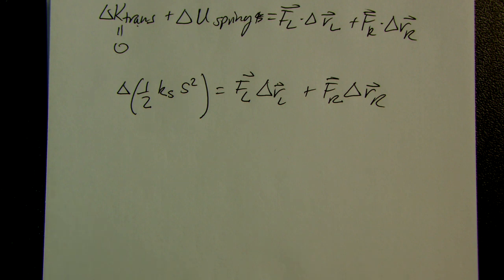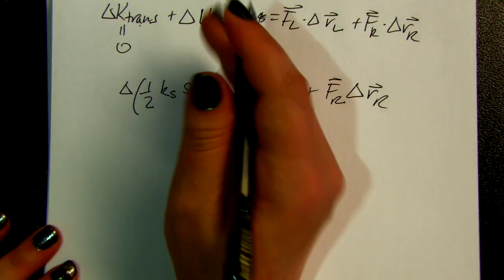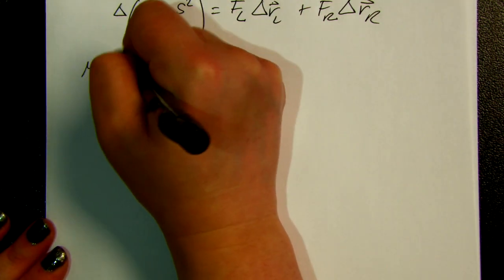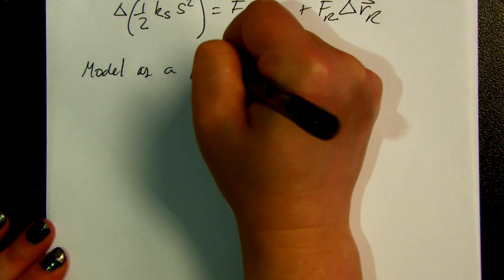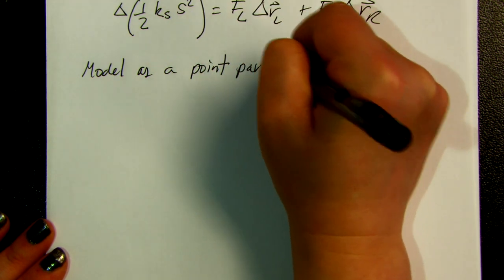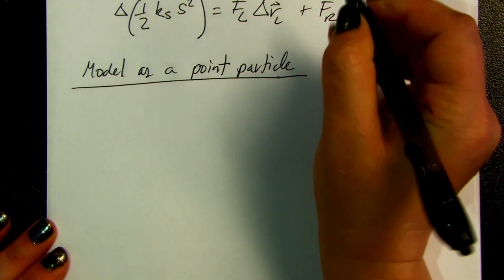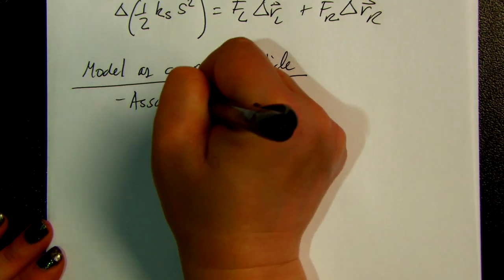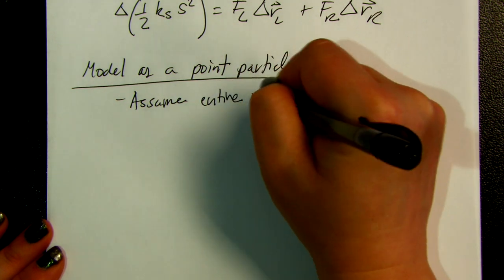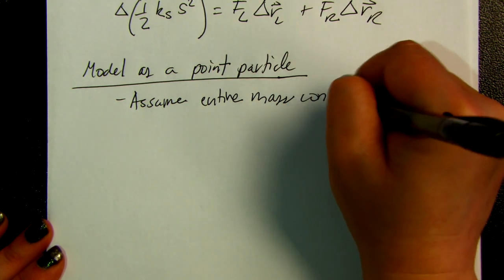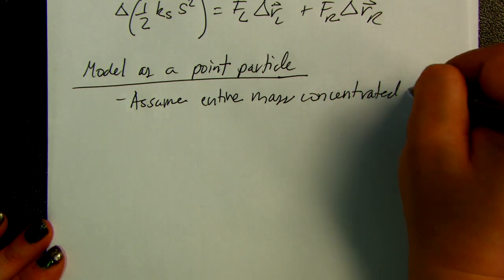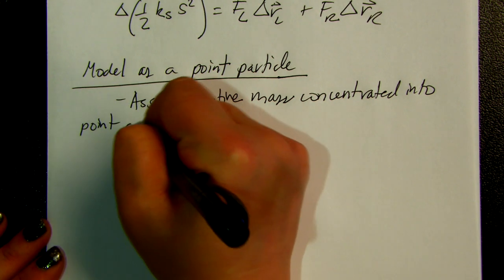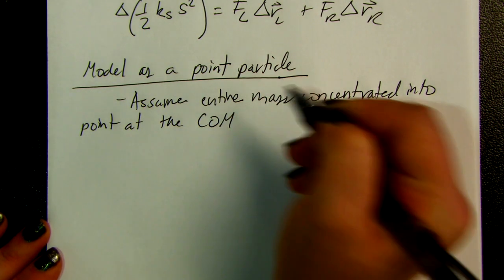So let's look at how to do this, and I'm going to write out a couple of steps for you to keep in mind. For the point particle model, you need to assume the entire mass is concentrated into a point at the center of mass.